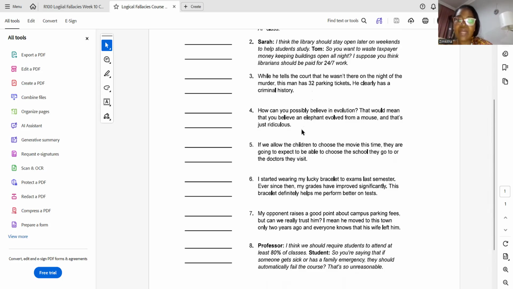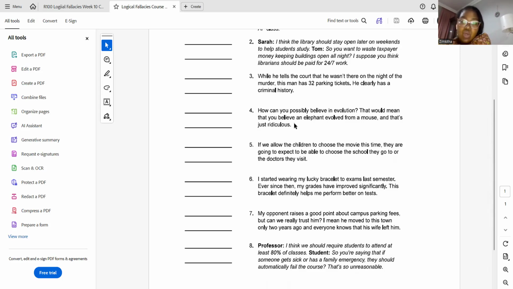Number 4, how can you possibly believe in evolution? That would mean that you believe an elephant evolved from a mouse, and that's just ridiculous. Look at the extremity. So the person says, how can you believe in evolution? And then what does the person do?